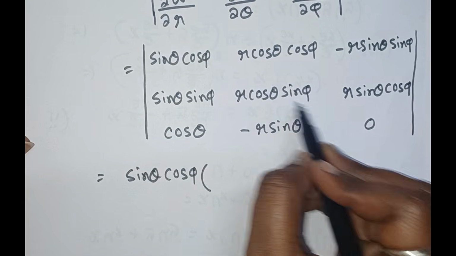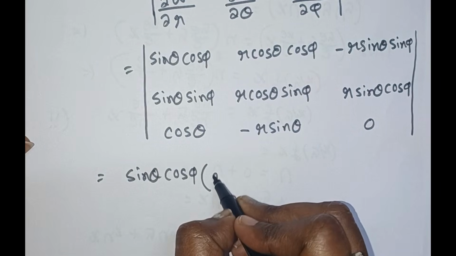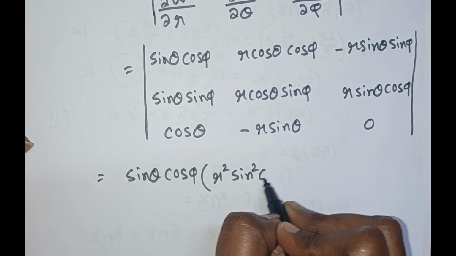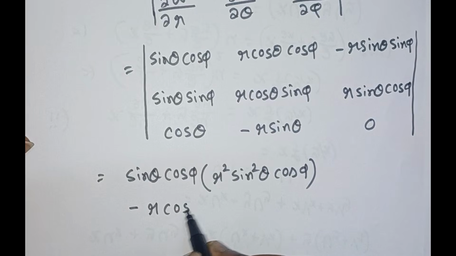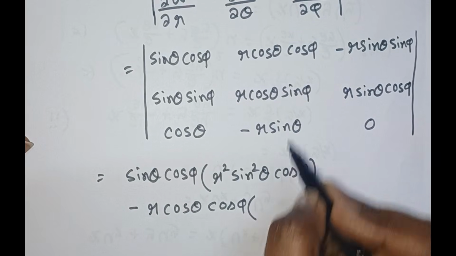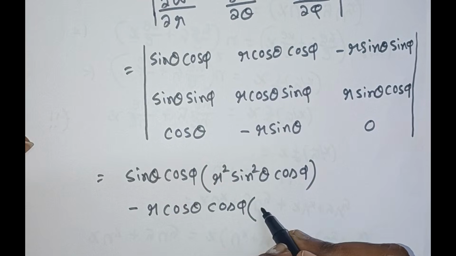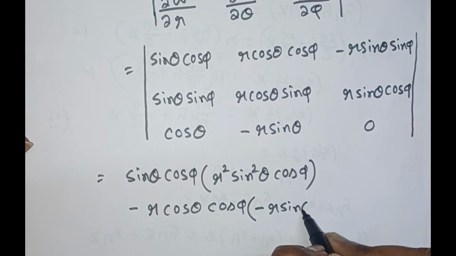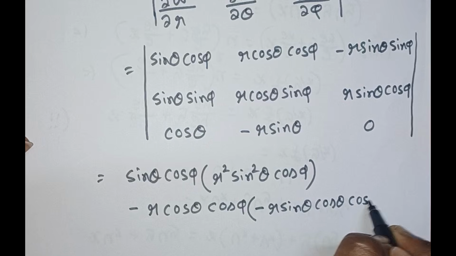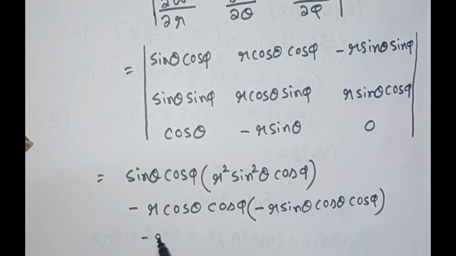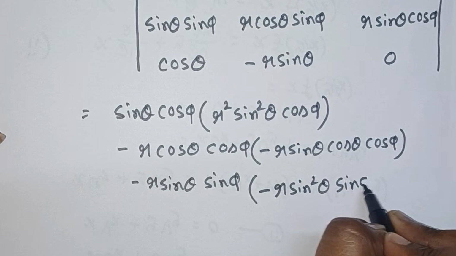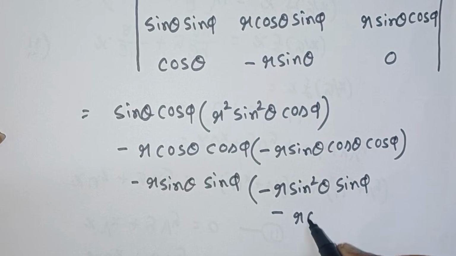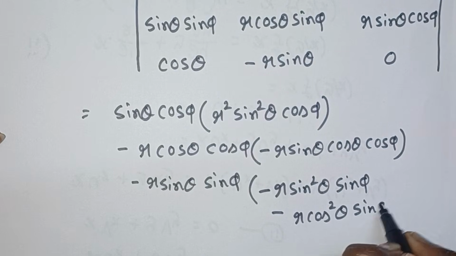So if we calculate the determinant, then this will be r sin theta cos phi along with r square sin square theta cos phi, minus r cos theta cos phi multiplied with 0 minus r sin theta cos theta and cos phi, minus r sin theta sin phi along with minus r sin square theta sin phi minus r cos square theta sin phi.